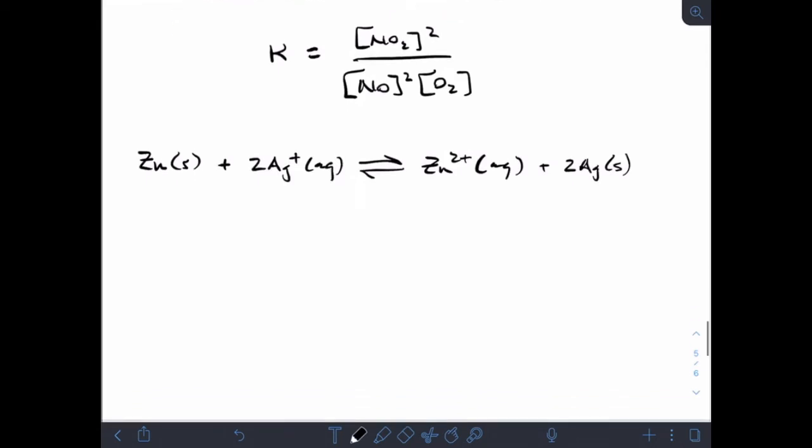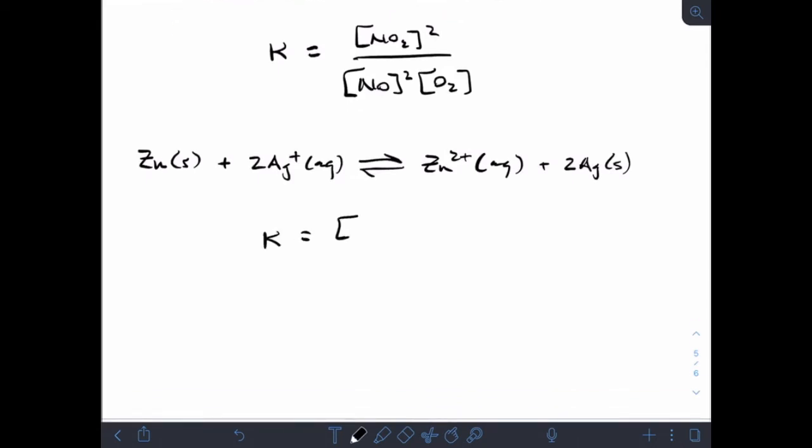Okay. Our equilibrium constant expression for this one will just be these two items. No solids or liquids.